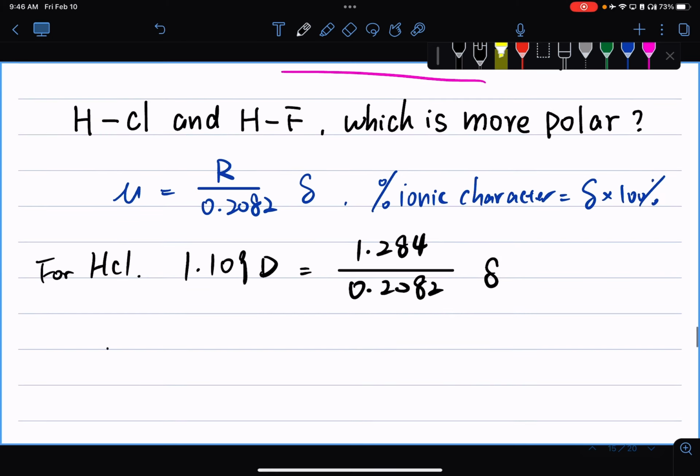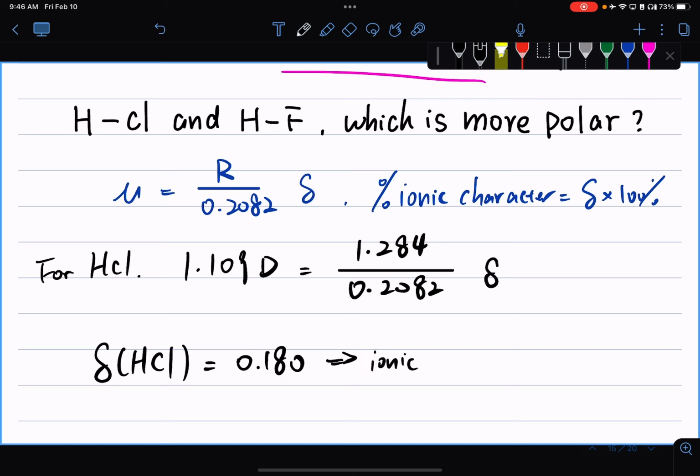You can solve for the partial charge of HCl to be 0.180, which translates to the ionic percentage of HCl being about 18.0%. Not a very ionic bond, if you may.